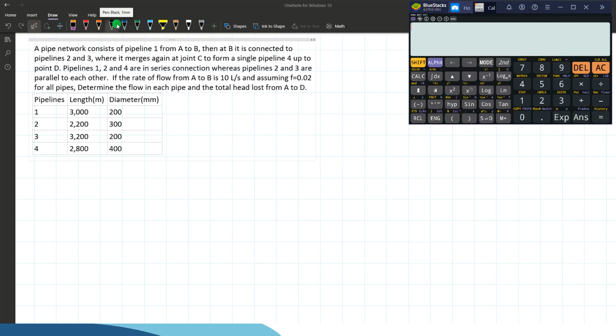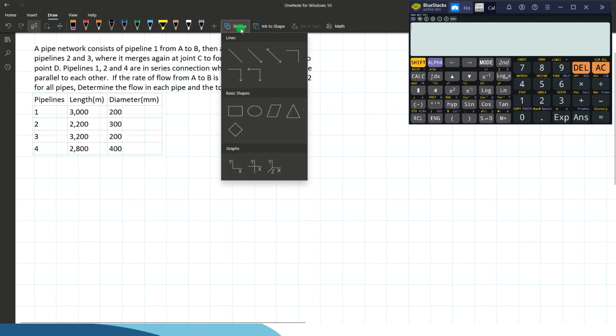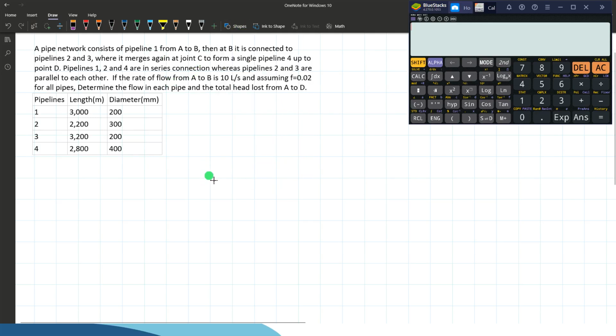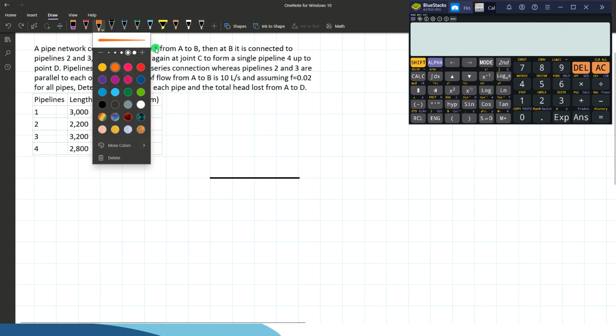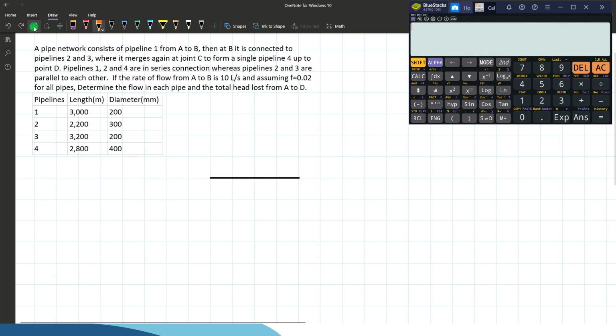Okay, problem number 3. A pipe network consists of pipeline 1 from point A to B. So let's draw that. Let's say this is your pipeline number 1 from point A to point B. Let's change the color to orange. This is pipe number 1, and we put labels.